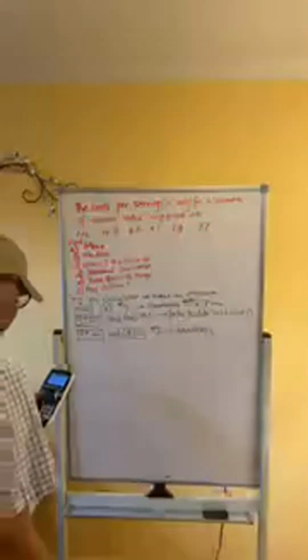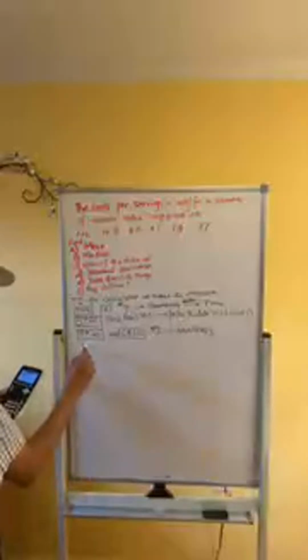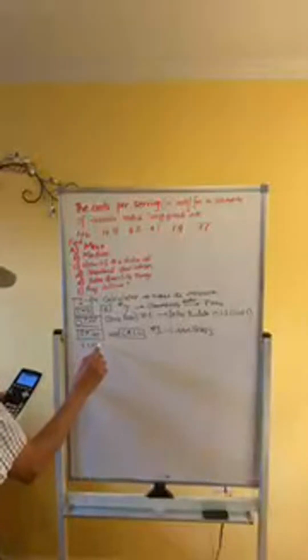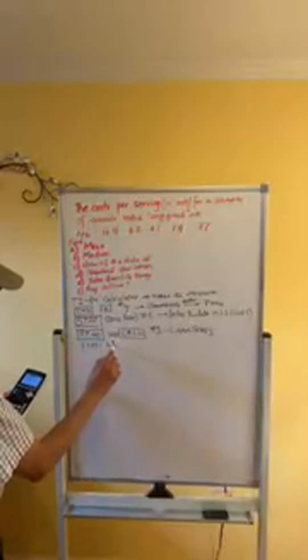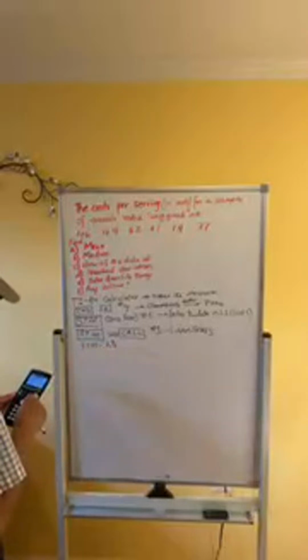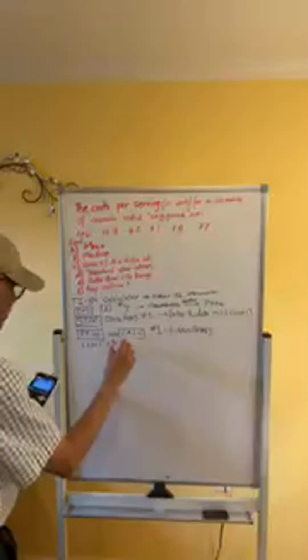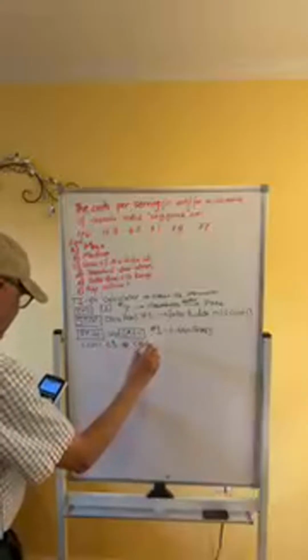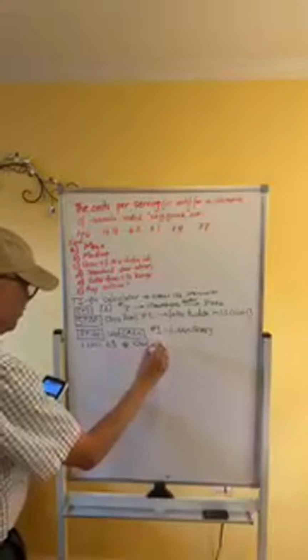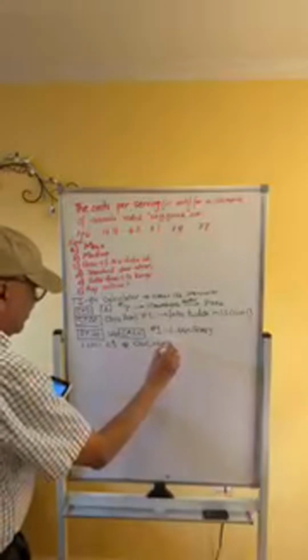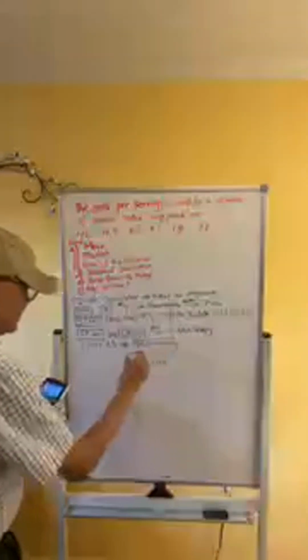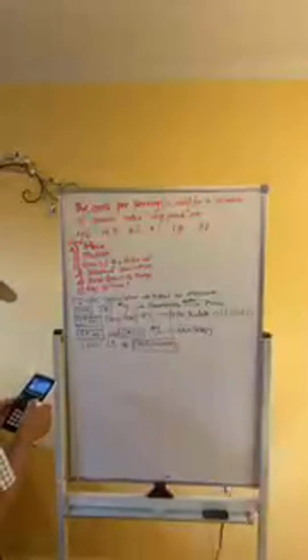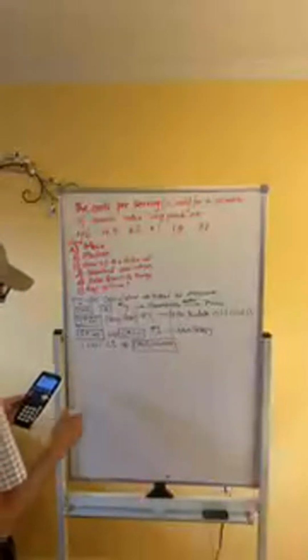The first line is list, it's already set at L1, so we do nothing. Do not do anything in the second line. Go all the way down to calculate, put the cursor on top of calculate and hit enter.